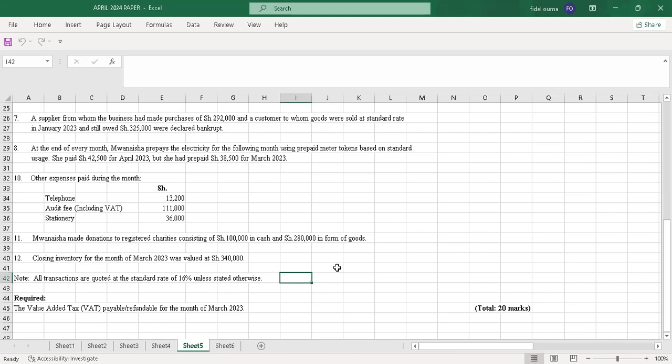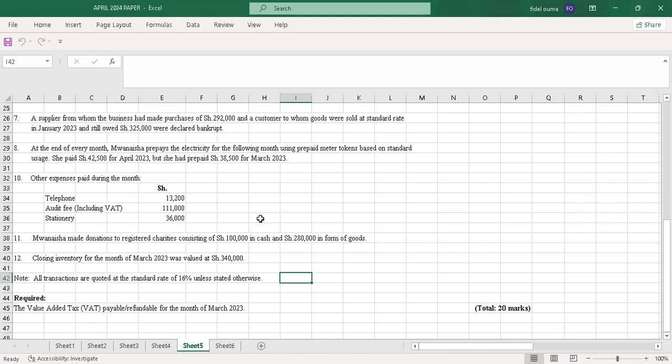For example, the audit fee of 111,000 represents 116% if it is inclusive of VAT. So you ask yourself, what about the 16%, which is VAT? What we are told is the standard rate. So you take the 16, multiply by the expense, then divide by 116. So we'll multiply all the transactions by 16 over 116. That's the first thing.